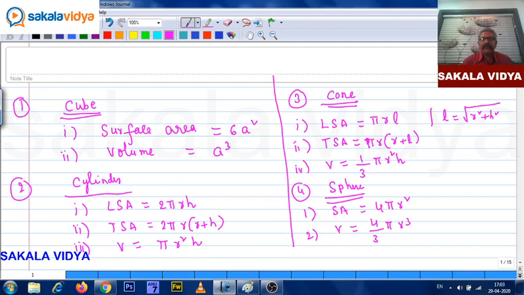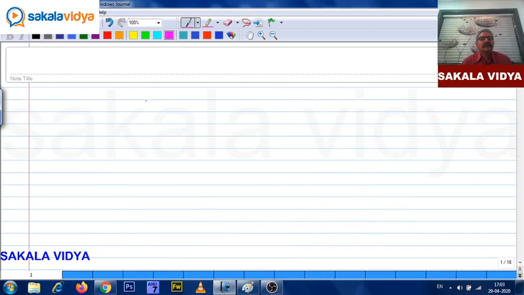And one more thing you need to remember. For example, the time period of the simple pendulum, T is equal to 2 pi root L by g. So, here squaring, T square is equal to 4 pi square L by g.